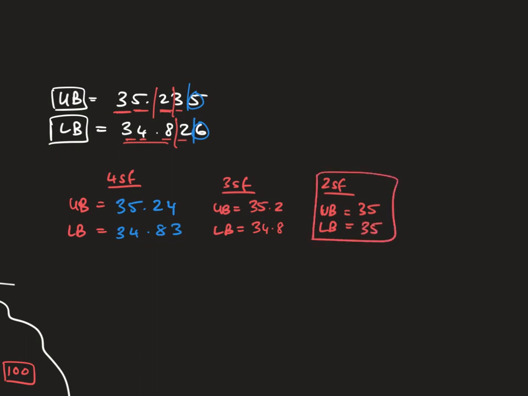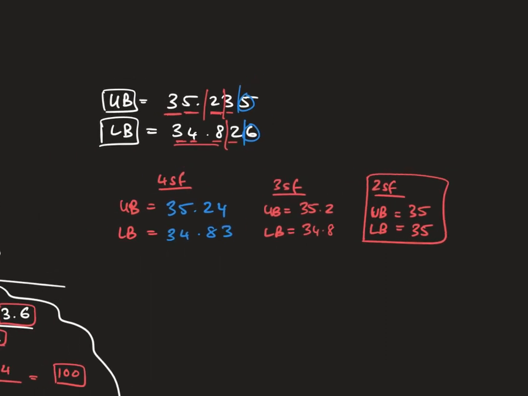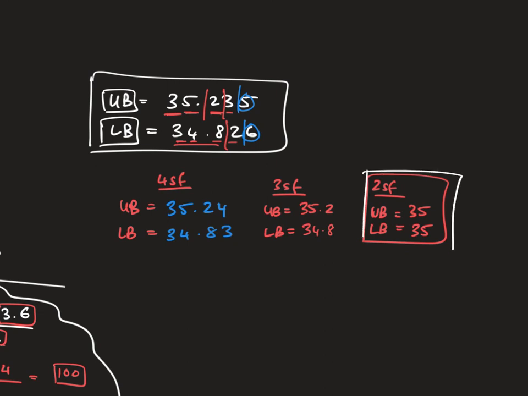So in this case, if we were asked to express an upper and lower bound to an appropriate degree of accuracy, we know that the answer will be 35 to 2 significant figures. So we can see that our upper and lower bounds will both round to 35 if they're to 2 significant figures. There we go.